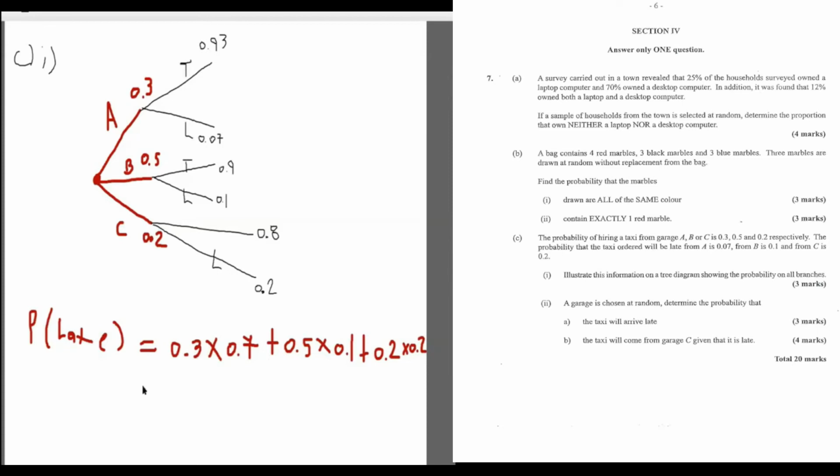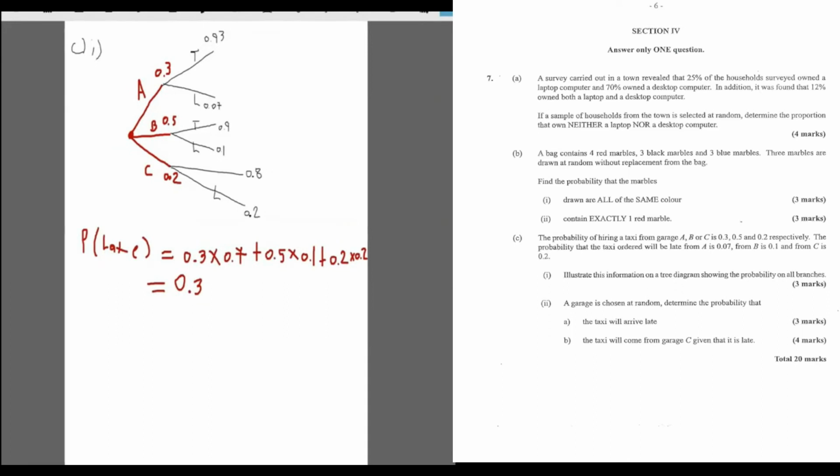So it is 0.3 times 0.7 plus 0.5 times 0.1 plus 0.2 times 0.2. That's 0.3. So there's a 30% chance the taxi will be late. No matter which one you choose, overall, there's a 30% chance of being late.